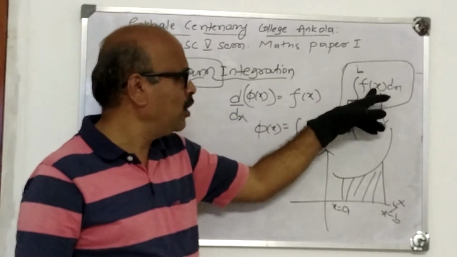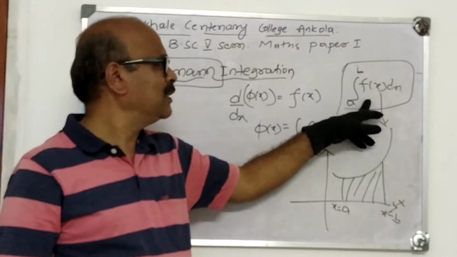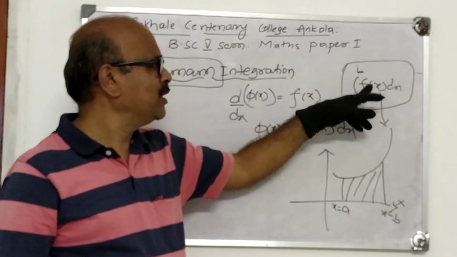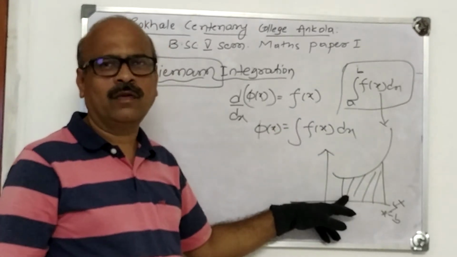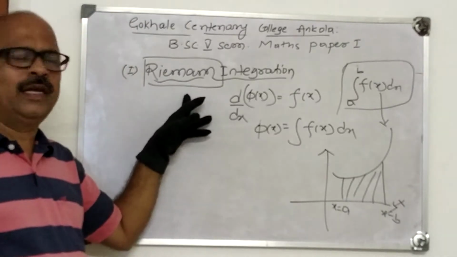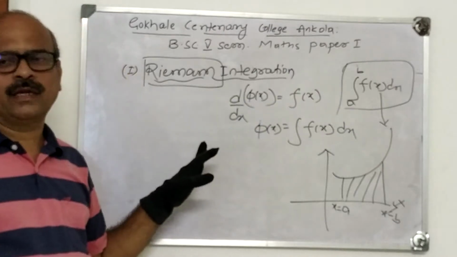But historically, integration was invented like this. It is defined as purely arithmetic, and that limit of a sum is used to calculate the area under the curve. And Riemann has given the first satisfactory treatment of this definite integral as arithmetic.